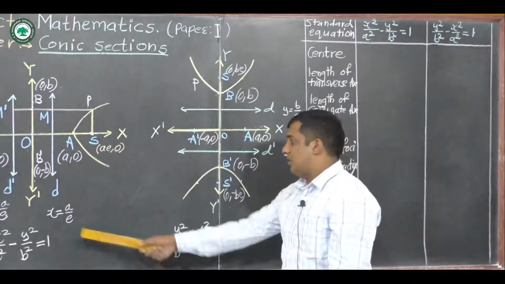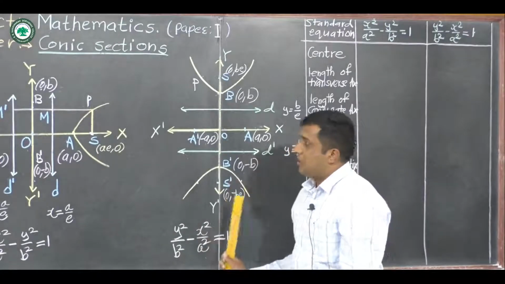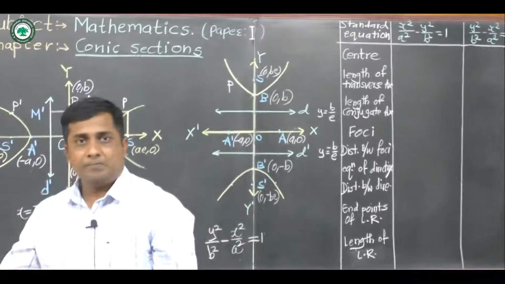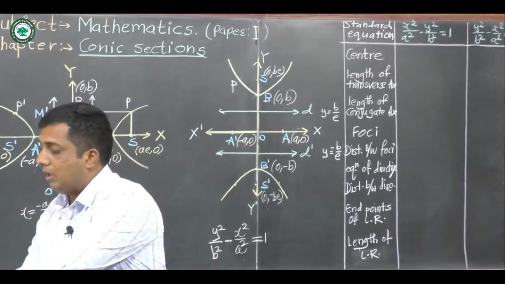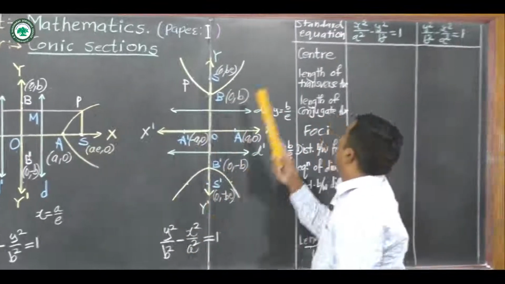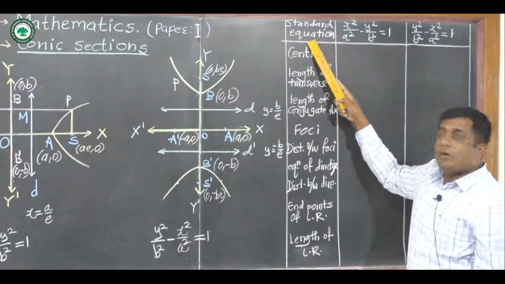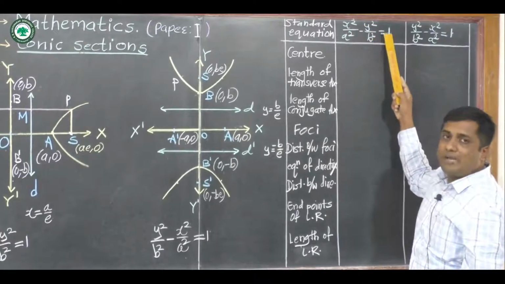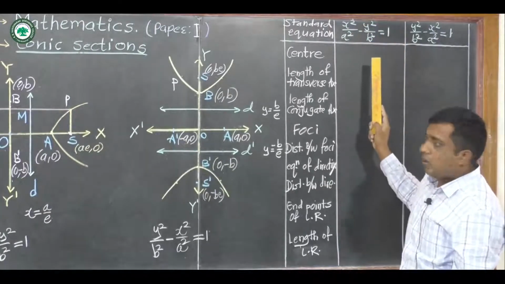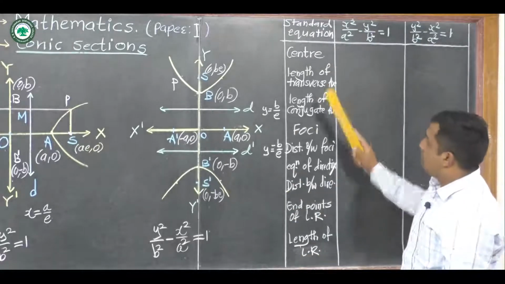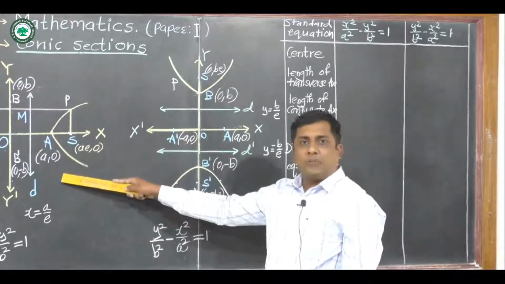By using these two figures, we have to define some other points. So let's go with this table. Here we consider the standard equation, first x square upon a square minus y square upon b square is equal to 1, and we have to define these points. To define these points, we consider the first figure.